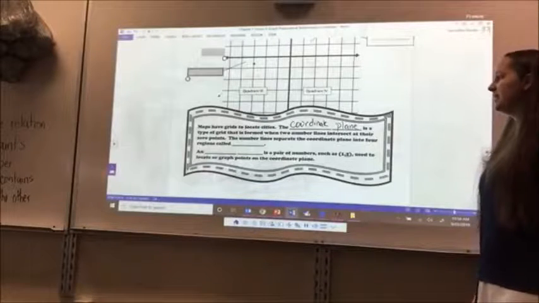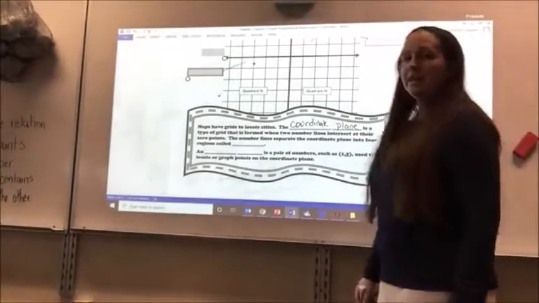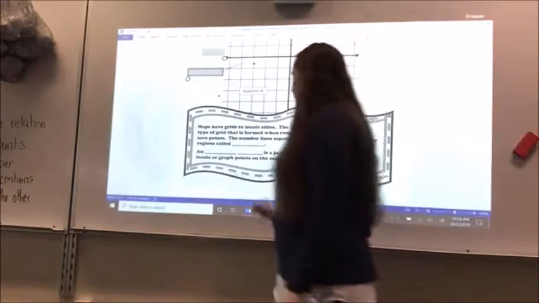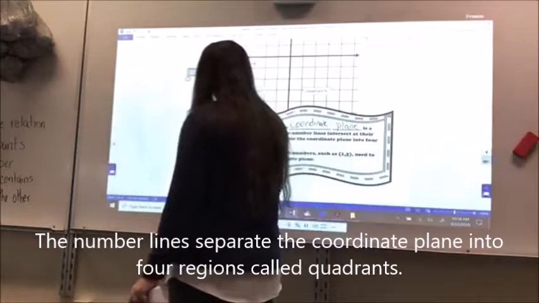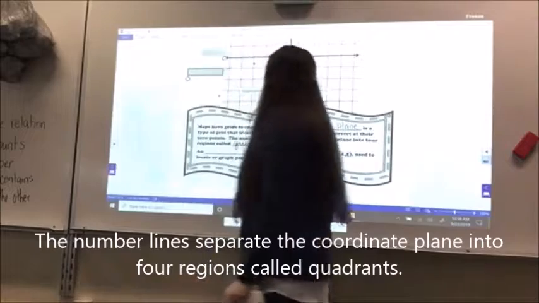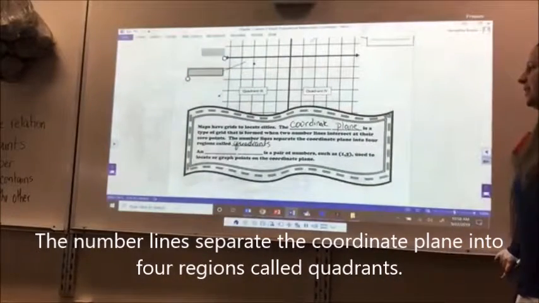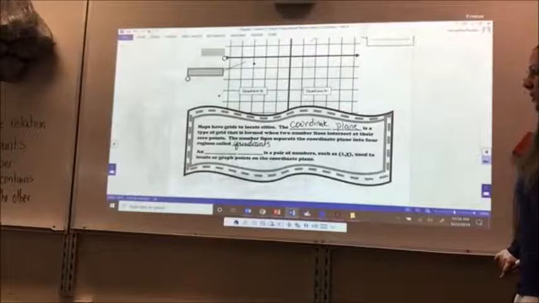The number lines separate the coordinate plane into 4 regions called quadrants.